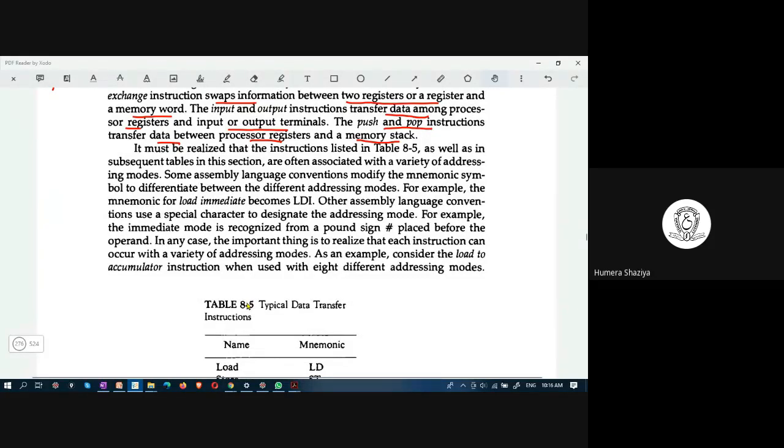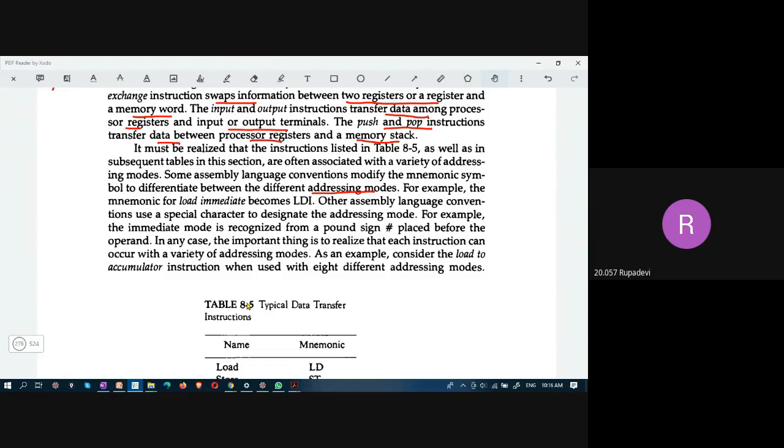Students, we have learned addressing modes. Do you remember what addressing modes have been covered earlier? Will you quickly list out the addressing modes?